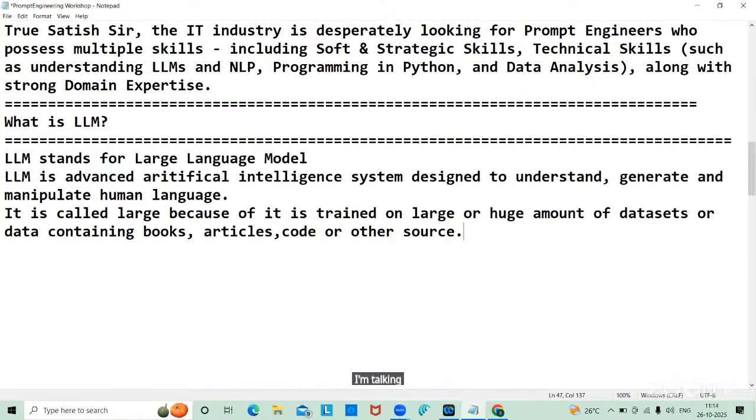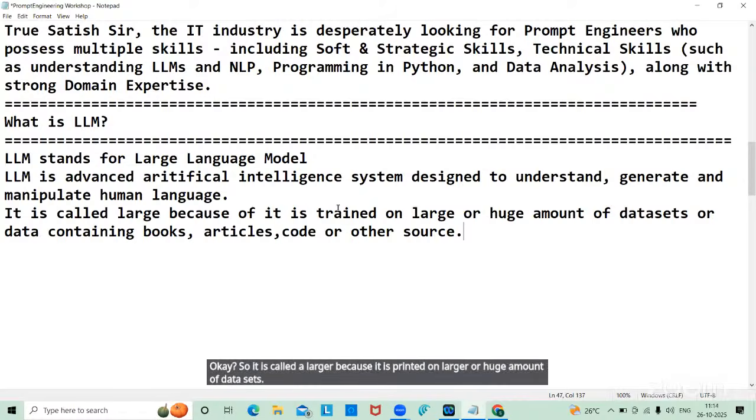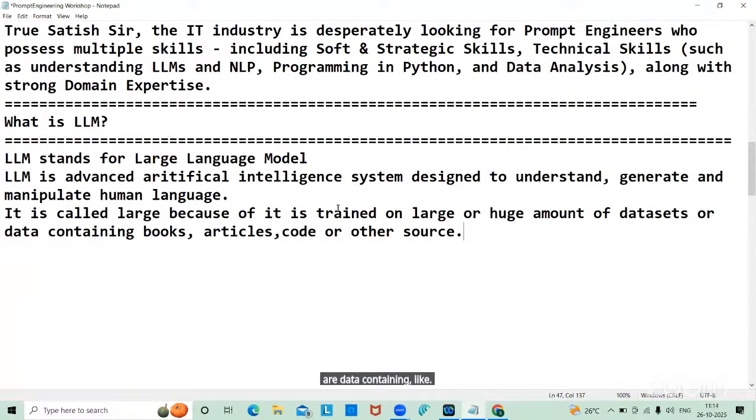I'm talking about LLM, not NLP. It is called large because it is trained on a large or huge amount of data sets containing books, articles, code, or other sources. So this is exactly what an LLM is.